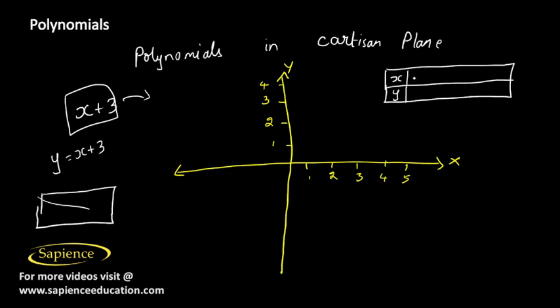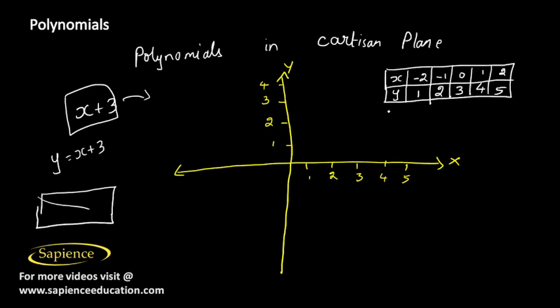What happens when x is equal to -2, -1, 0, 1 and 2? So let us check it. When we put x is equal to -2, we are getting y as 1. And when we put x is equal to -1, we are getting y as 2. And x is equal to 0, y is 3. And x is equal to 1, y is 4. And when x is equal to 2, we are getting y is equal to 5.